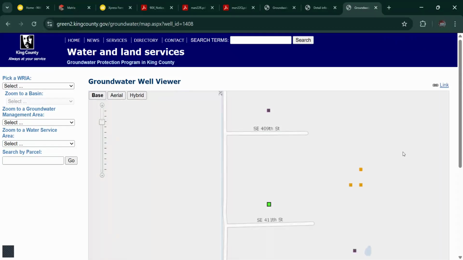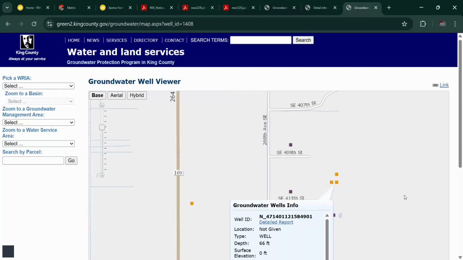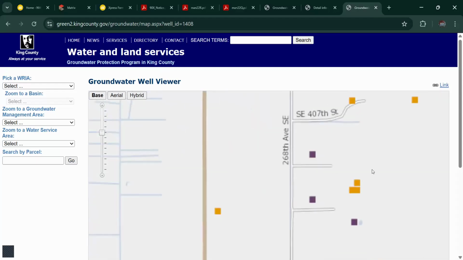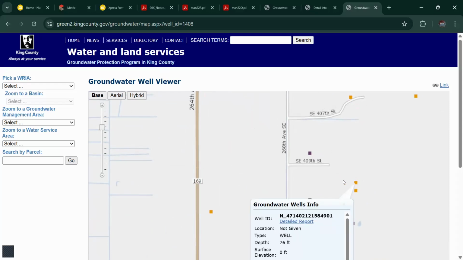Let's do a hybrid so we can kind of see. So the orange squares are the wells. If you click on one, does it show? No, oh, there it is. Yep, different wells.